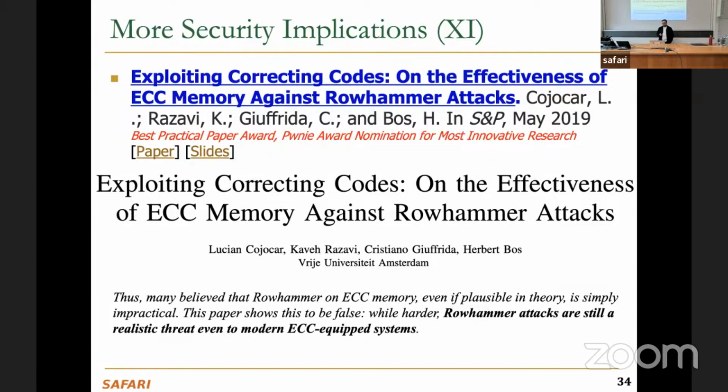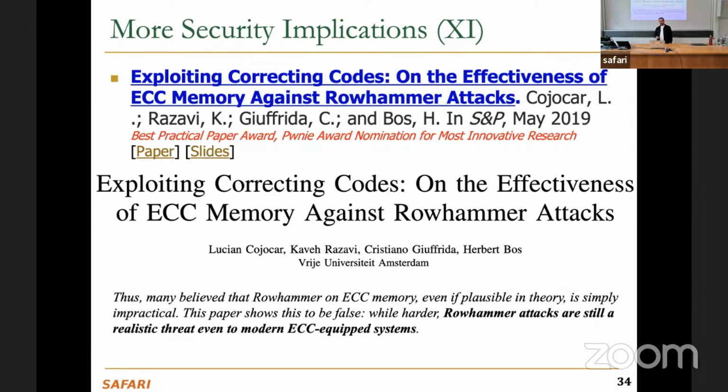systems. And before this paper, there was a general understanding that if you have ECC, you can actually correct RowHammer bit flips because they happen here and there. They're not very concentrated in a sense. So ECC solves RowHammer. And this paper in 2019 showed that ECC does not solve RowHammer.